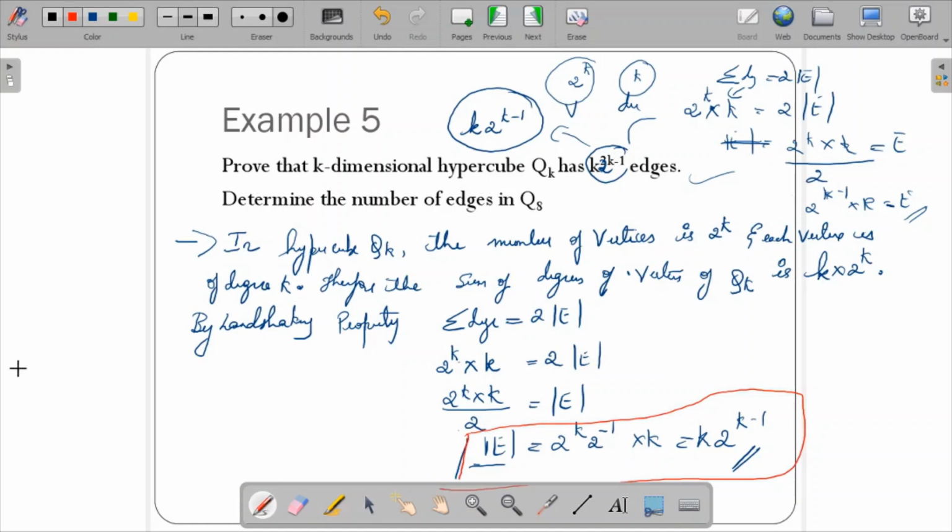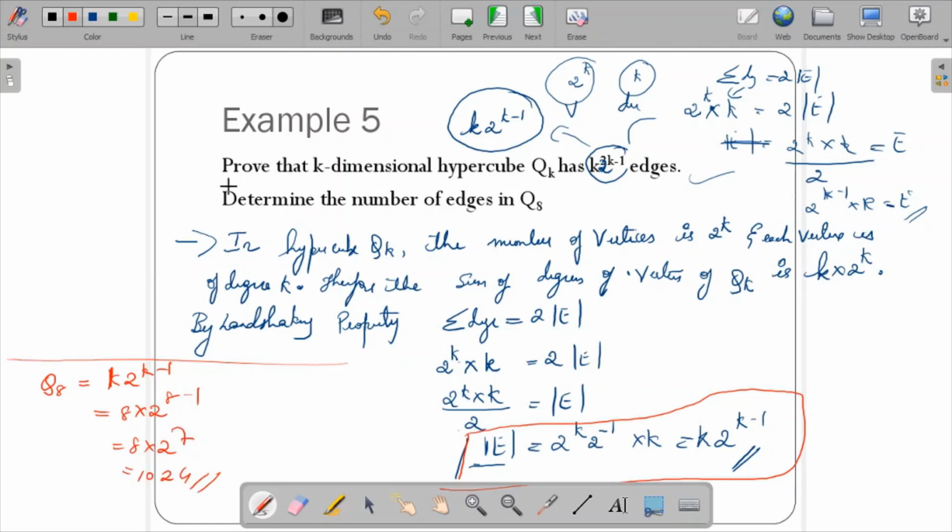Now the second question: determine the number of edges in Q8. Q8 has k into 2 to the power k minus 1 edges, so it is 8 into 2 to the power 8 minus 1, which is 8 into 2 to the power 7. This gives us 1024 edges.